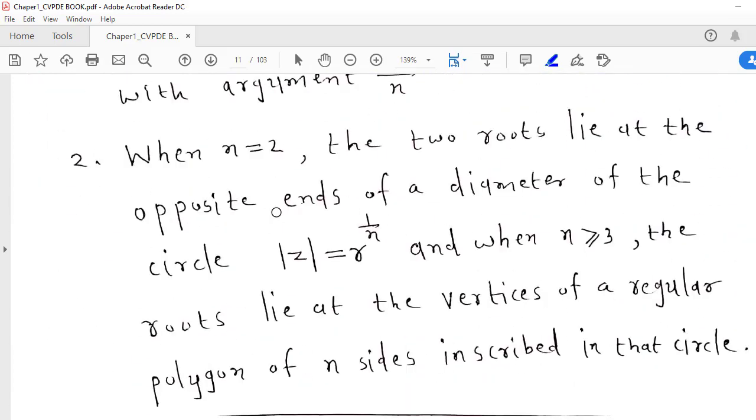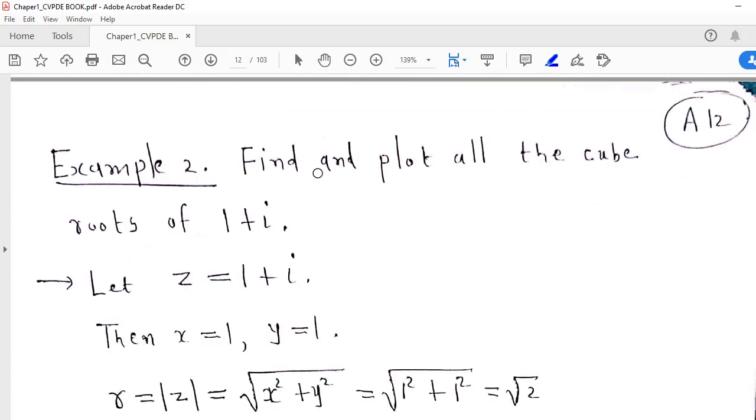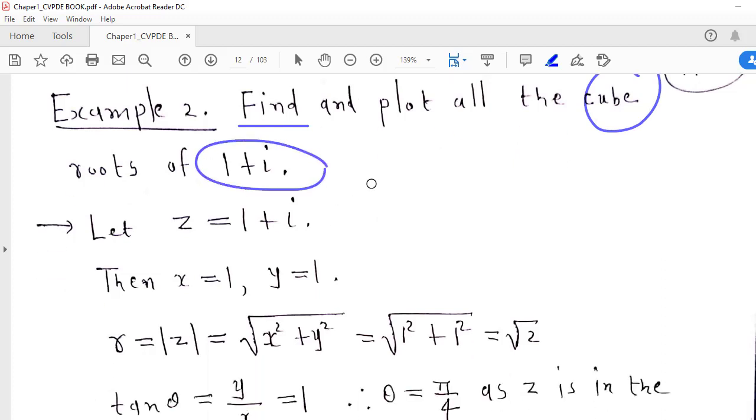So we consider one example. Suppose I want to find the cube roots of 1 plus i. First I have to find the modulus and argument of 1 plus i. So z is 1 plus i.